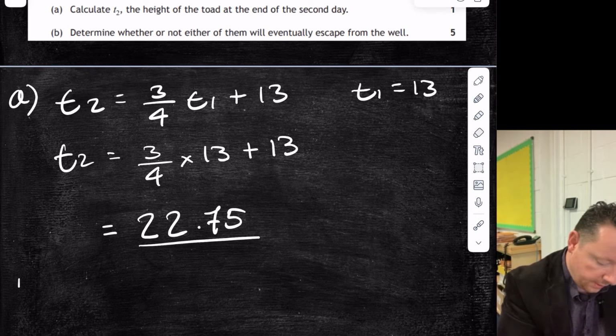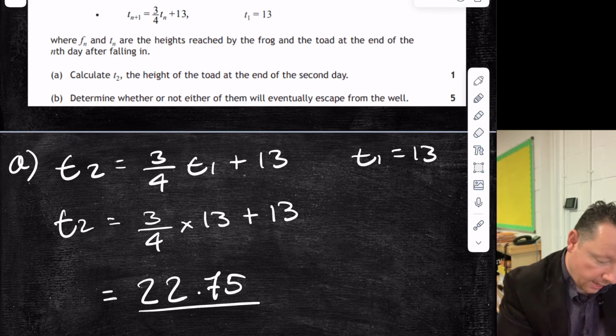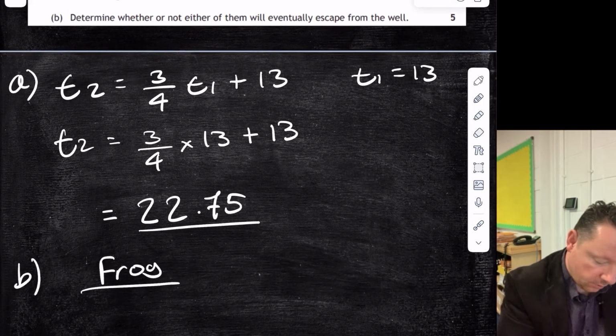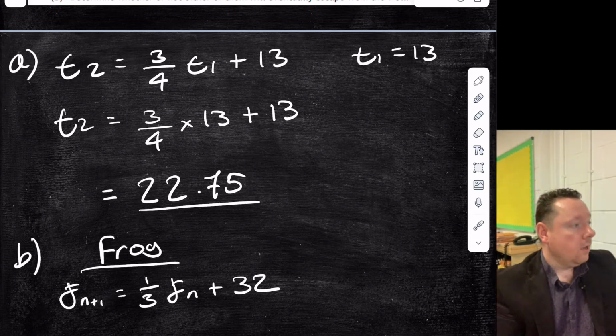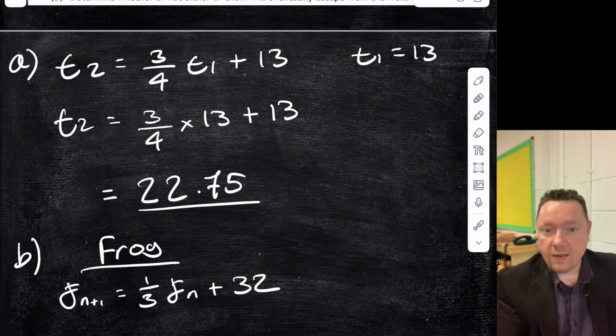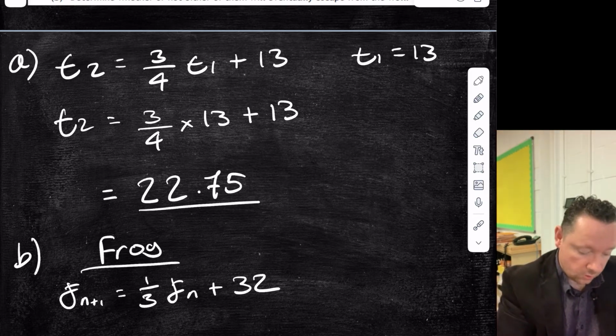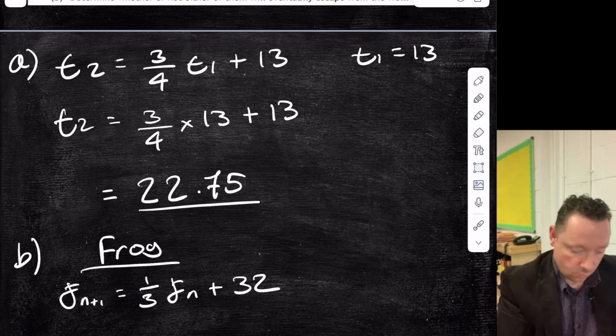So for part B, if we look at our frog first of all, that is f of n plus 1 is a third f of n plus 32. Let's just write that down. We can say that a limit exists because -1 is less than a third is less than 1.